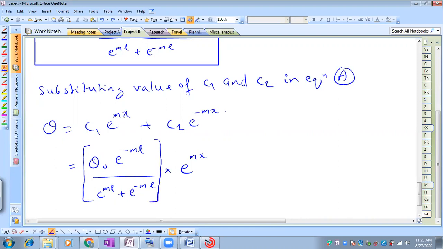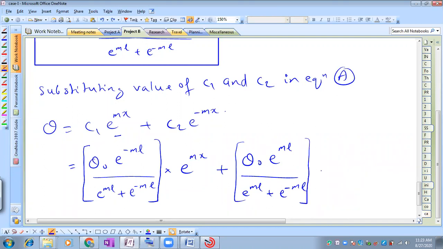And the remaining part is e raised to minus mx. Similarly, plus the value of C2, which is theta 0 into e raised to plus ml divided by e raised to ml plus e raised to minus ml. So this is the value we got for C2, into e raised to minus mx.